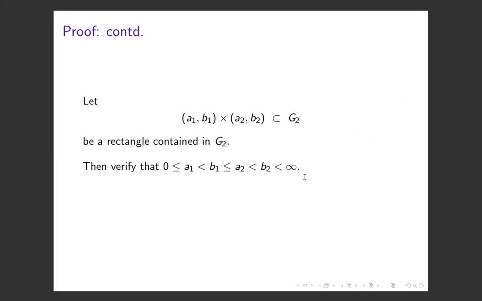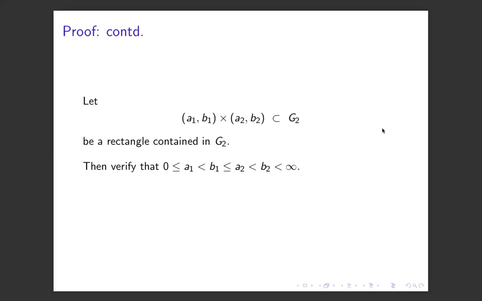In the figure which I showed you, the whole rectangle, including the boundary, was inside G2, so the point B1, A2 was also inside G2, strictly less than. But in principle, B1 possibly being equal to A2 cannot be ruled out, because this boundary point of the rectangle can be on the line x equal to y.